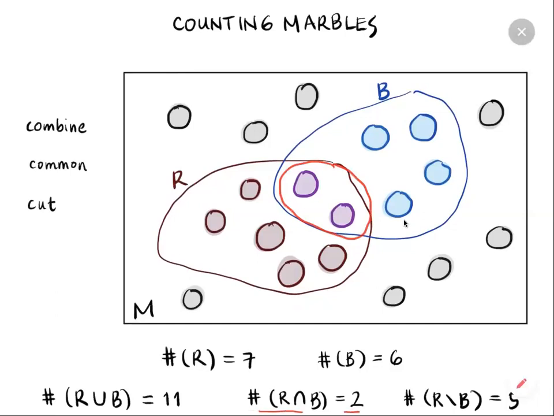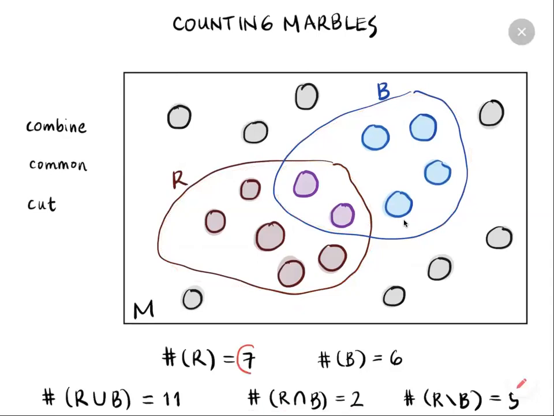Once we know the number of elements common to the two sets, a basic accounting principle tells us that if I want to compute the combination, or more precisely the union, what we do is count the number of elements in each set and then subtract the intersection, because this portion has been counted twice, once as part of R and the other as part of B. So we need to subtract the number of elements in the intersection.